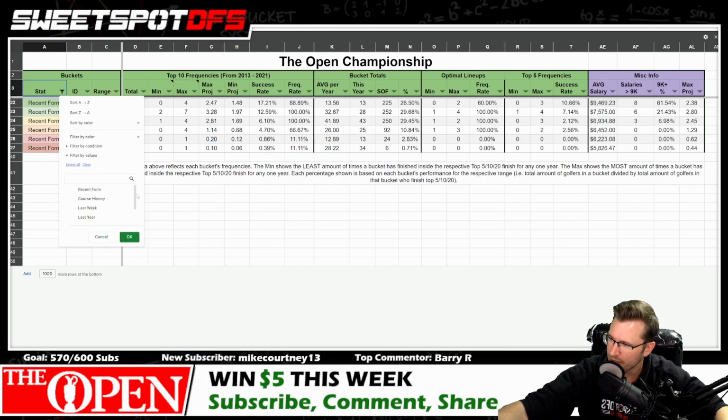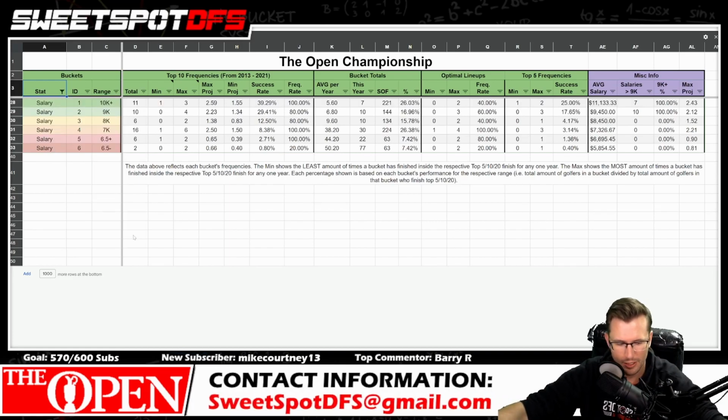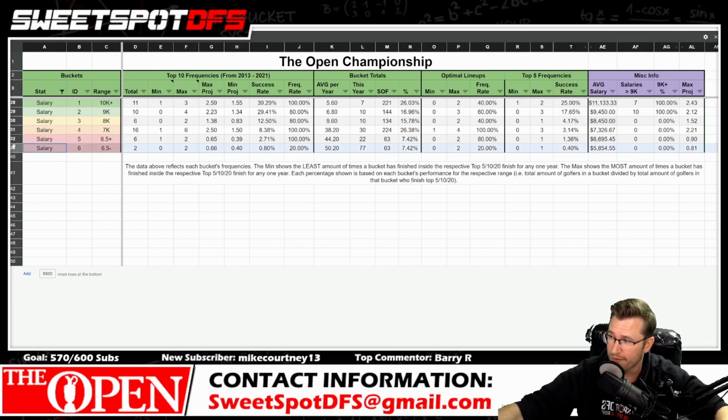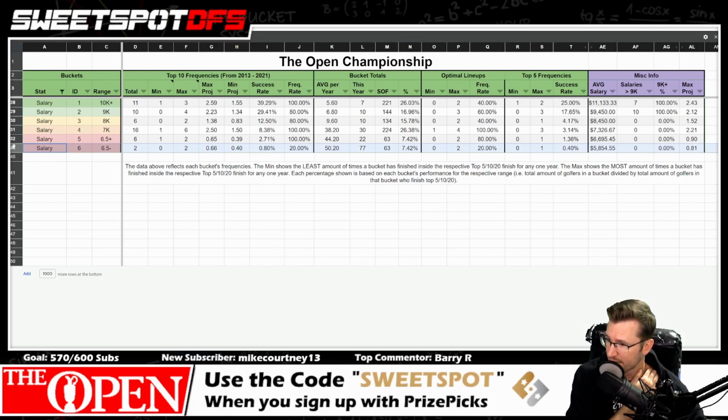Let's talk about salaries. I kind of mentioned this when it came to looking at the pass optimal and GPP winning lineups, because there are 5K golfers for the first time in a really long time on the slate. And they all fit in this bucket down here, which is the 6.5 and less. 77. Now, usually we see 70 to 80 golfers just in the 6K range alone.